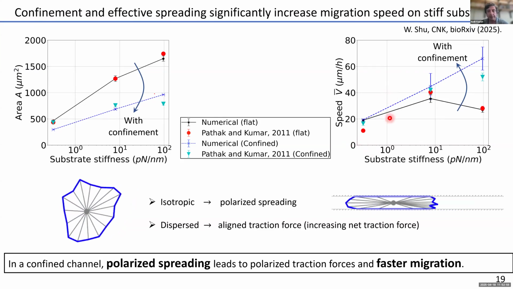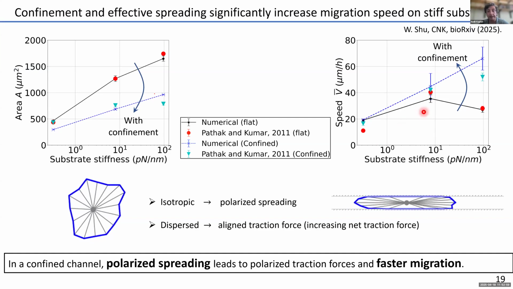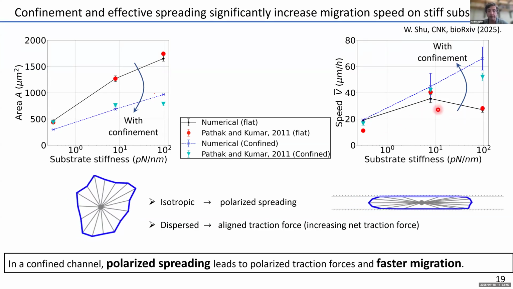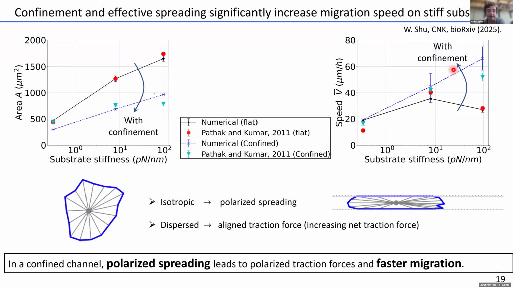And when we consider confinement, we can actually explain the shift in the experimental observations from a biphasic speed behavior as a function of substrate stiffness to a monotonic speed behavior here.